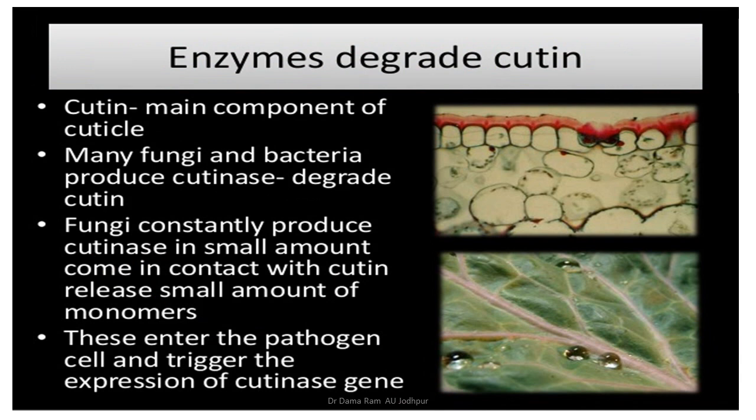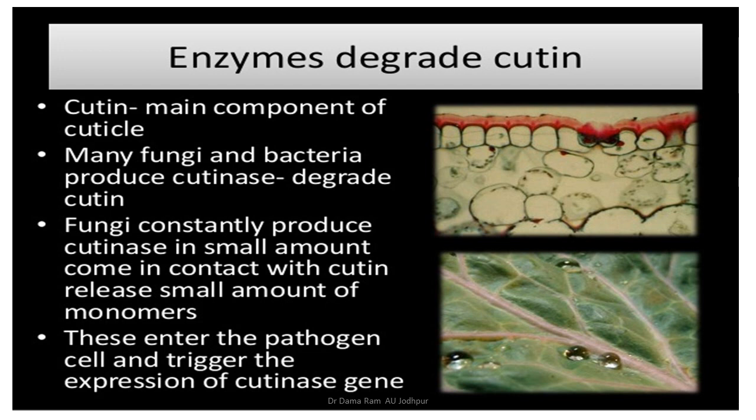So enzymes degrade cutin. Cutin is the main component of the cuticle, and many fungi and bacteria produce cutin-degrading enzyme. And fungi constantly produce cutinase in small amounts.